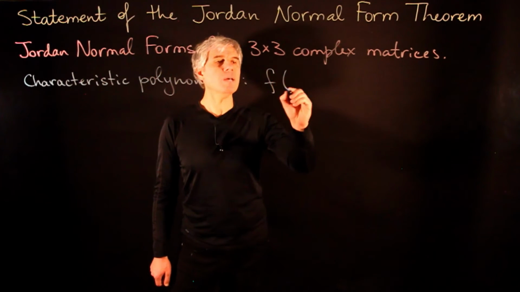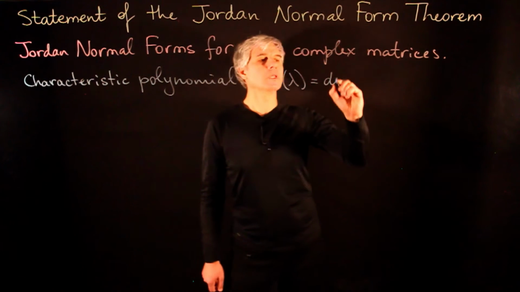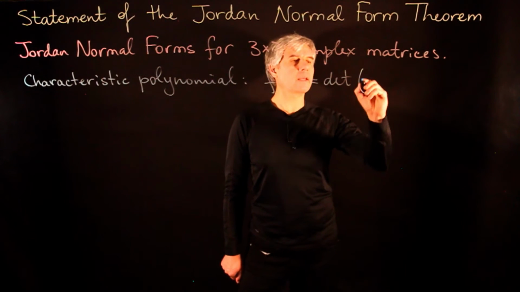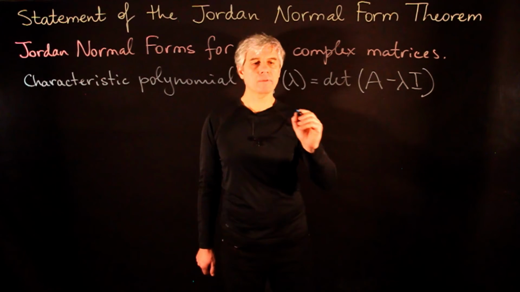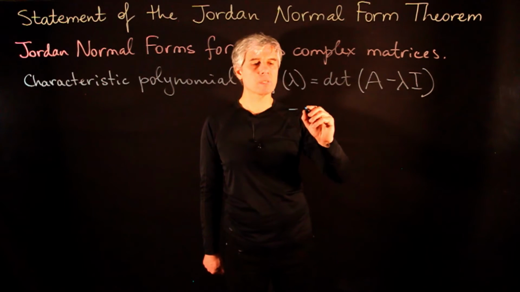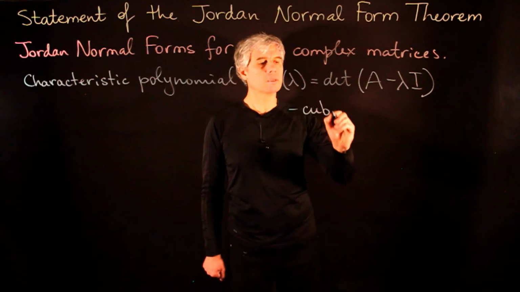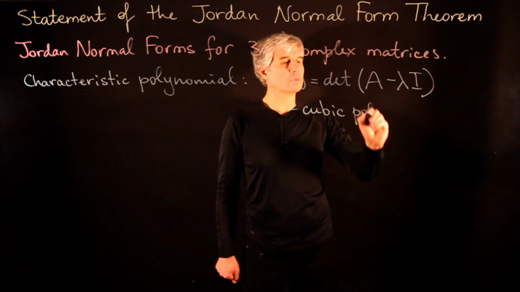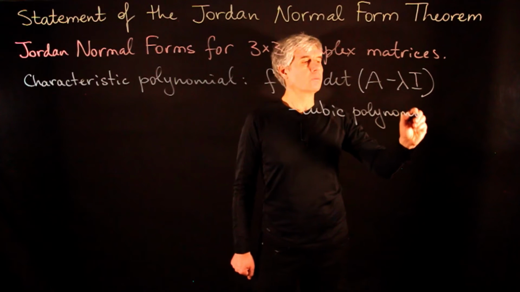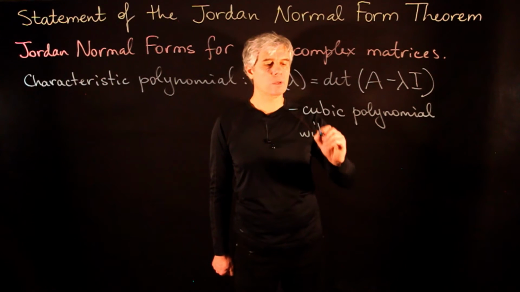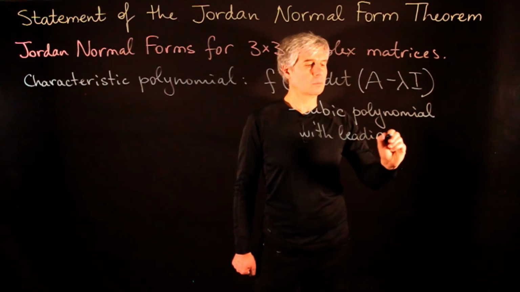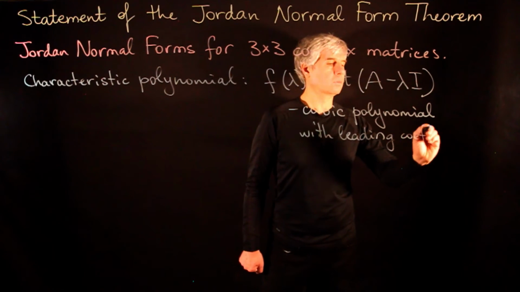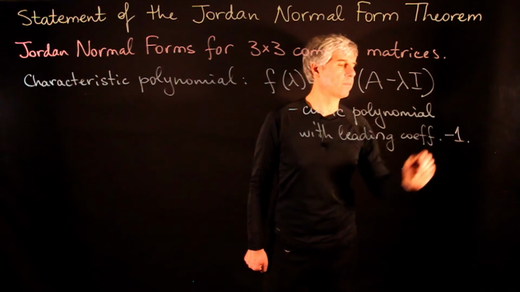So this is f of lambda, which is the determinant of A minus lambda I. And for 3 by 3 matrices, this will be a cubic polynomial with leading coefficient minus 1.